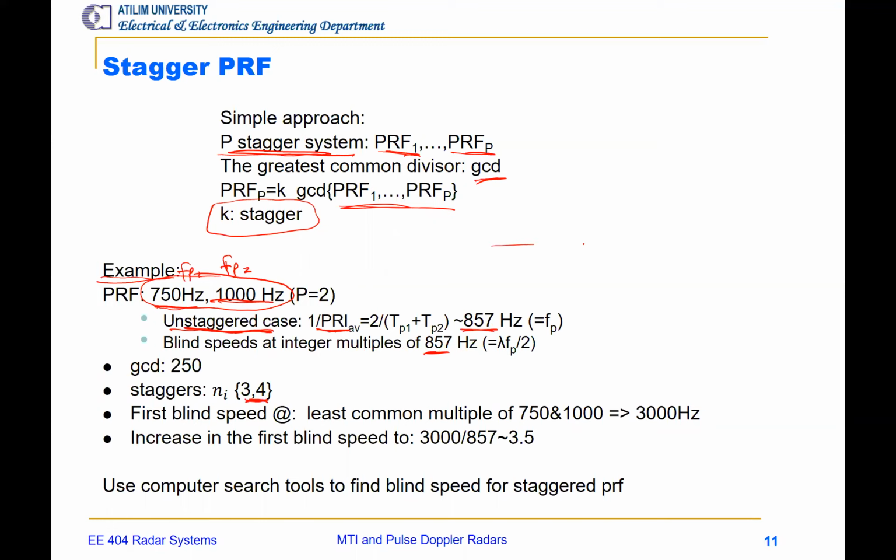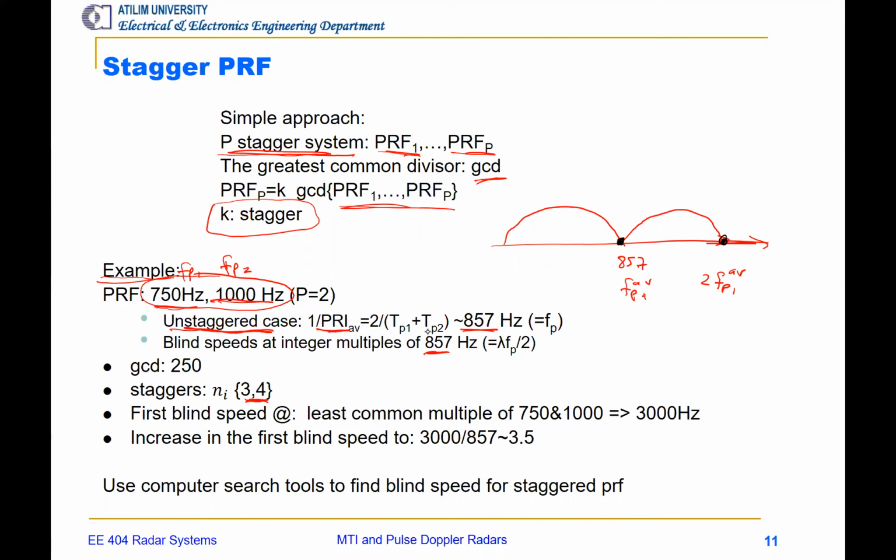So if we simply show it, here is the first blind speed, and if this is FP average, then this is going to be 2 FP average right here. These are the first blind speed and the second blind speed for the unstaggered case.